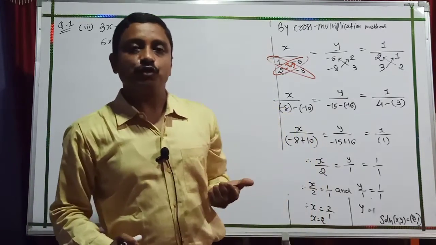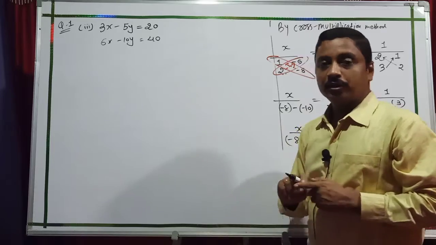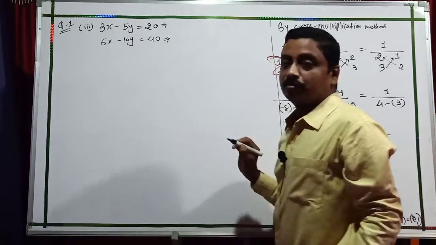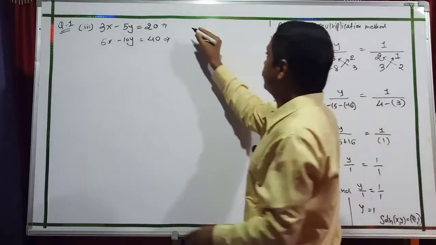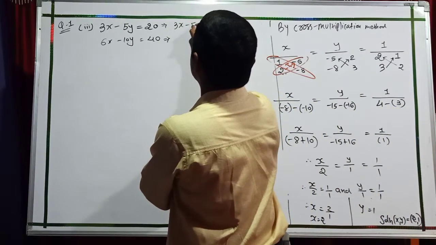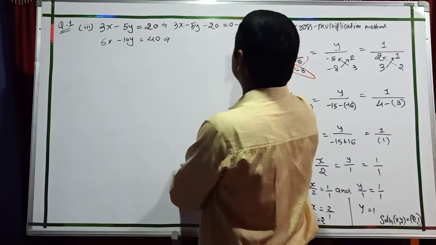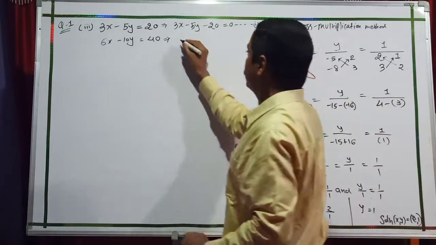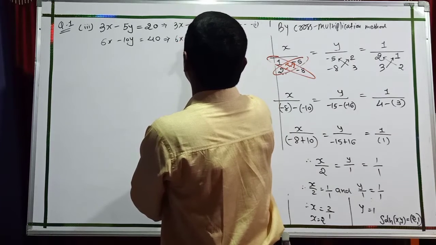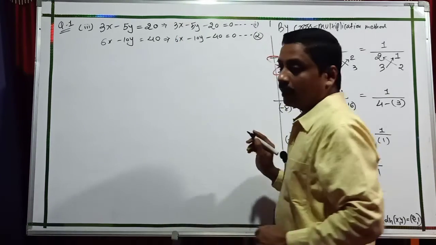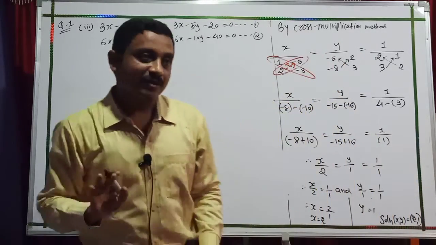Same as, students, question number 1, our third one. Here also I first of all rearrange in the standard form. Take 20 to the left side: 3x minus 5y minus 20, equation 1, and 6x minus 10y minus 40, equation 2. And now the method is same.